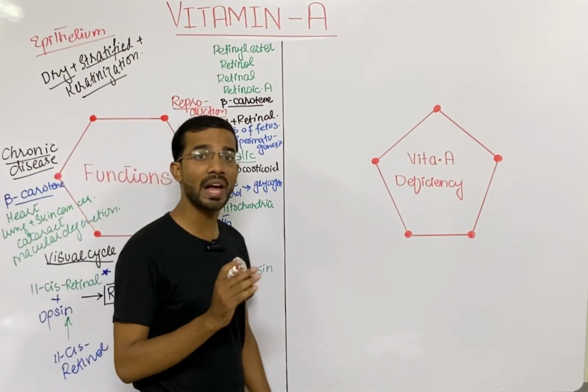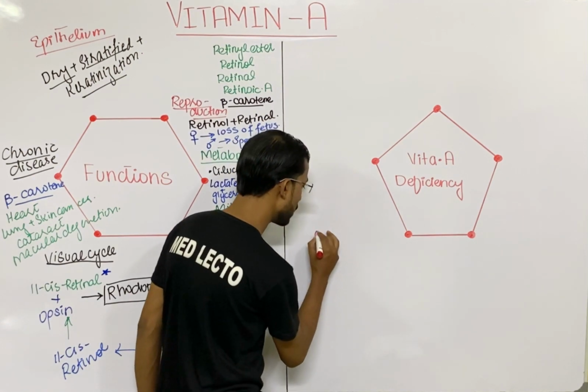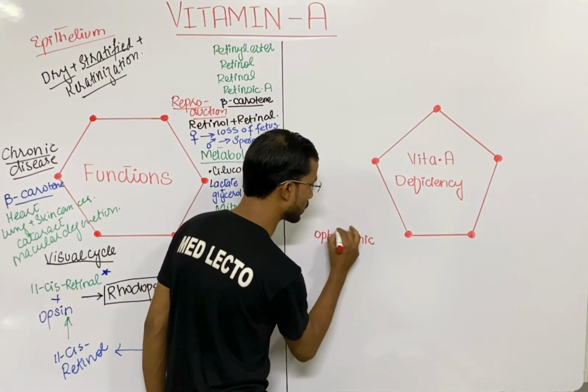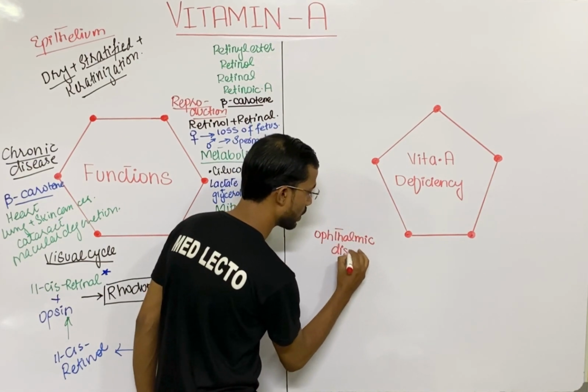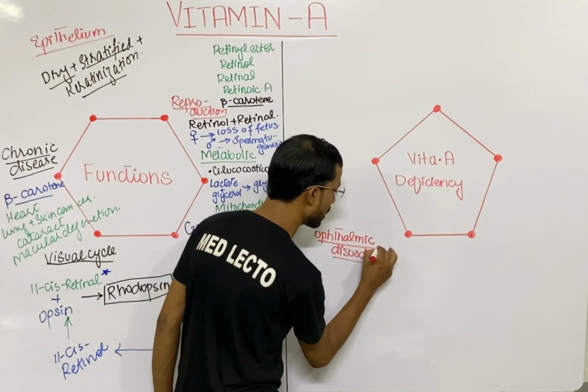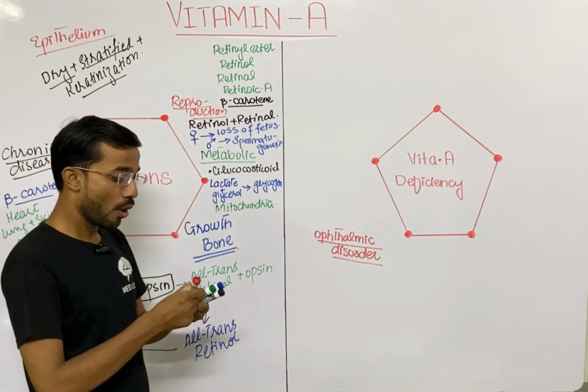First one is the ophthalmic disorders. In the ophthalmic disorders, we are going to discuss three most important disorders.